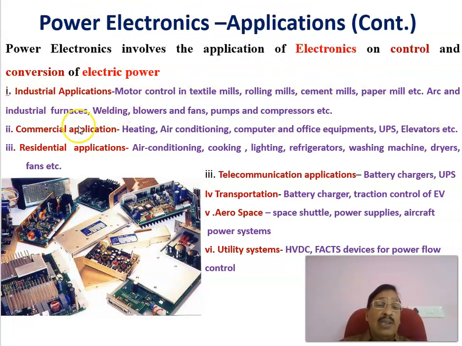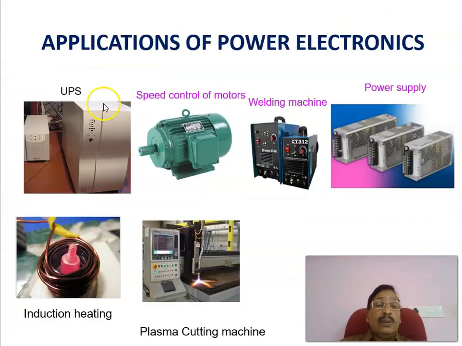Therefore, industrial, commercial, residential, telecommunication, transportation, aerospace applications and different utility systems all use power electronic switches and devices. Just to show the applications pictorially: for UPS, uninterrupted power supplies, power electronic devices and switches are required.